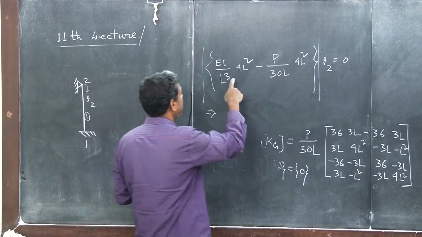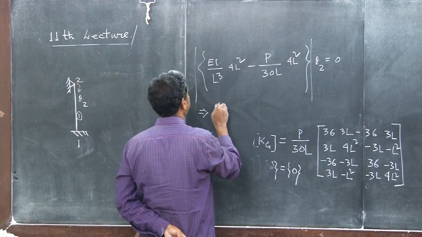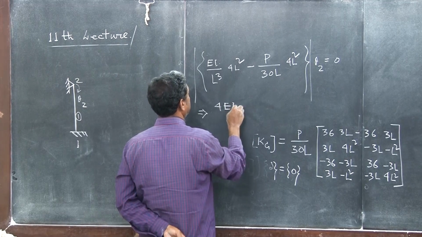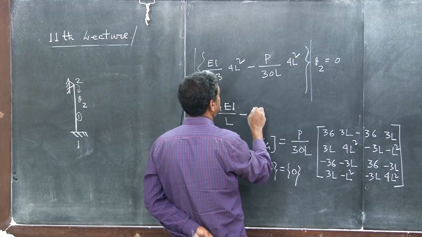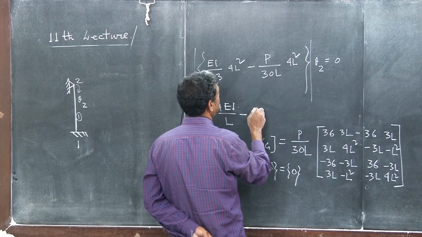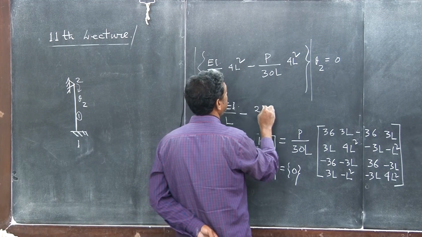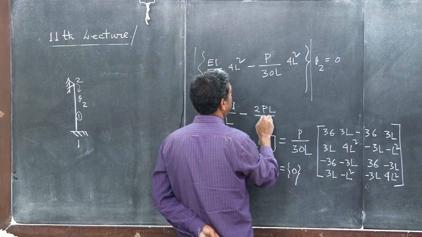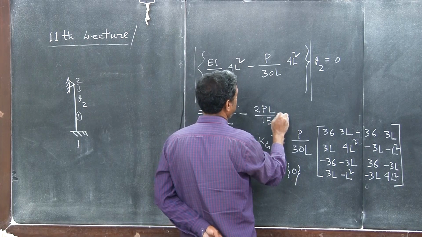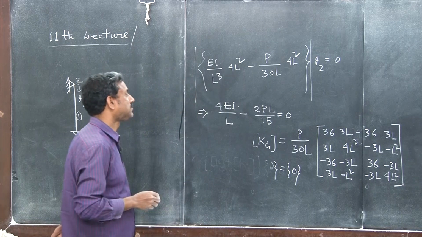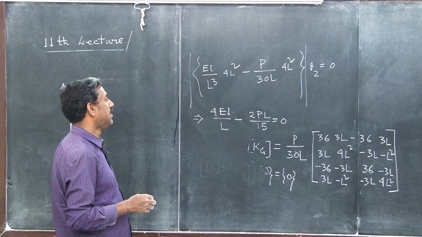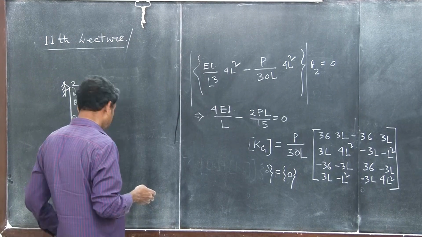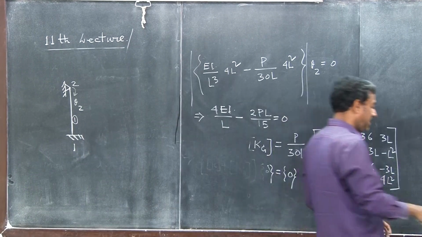So when this is 0, then it is 4 EI by L minus 2PL by 15 is equal to 0, right.